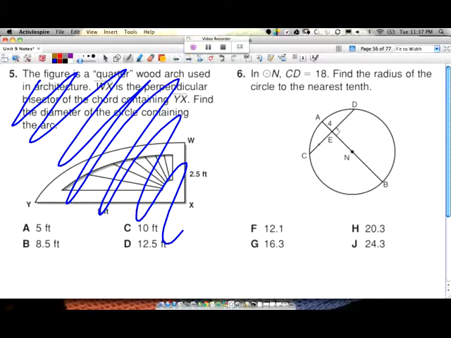Okay, CD equals 18. CD is 18. And see how this is perpendicular here? That means that these two pieces are equal. So if the whole thing is 18, that means each half is 9. Okay, so let's see what's going on. Let's call this piece x.